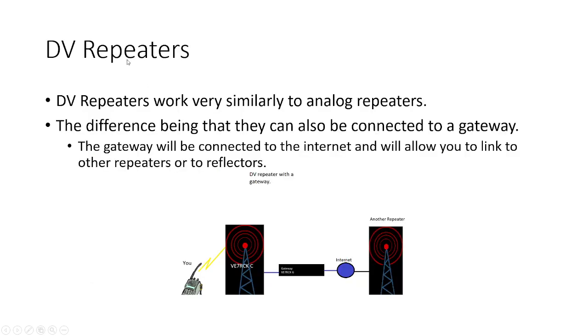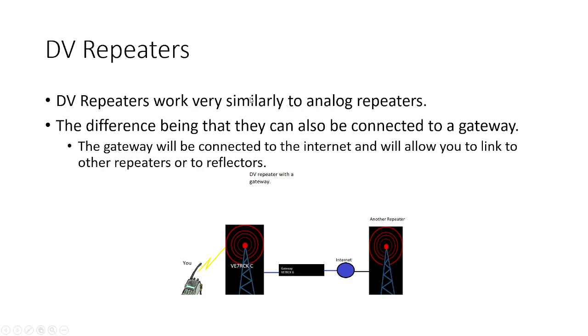DV repeaters, also known as DSTAR repeaters or digital repeaters, work very similarly to analog repeaters. So if your goal is just to talk with your friends on a local repeater, no internet involved, it's fairly simple. Where DSTAR gets complicated, like other digital modes, is when you start connecting to the internet and doing linking.